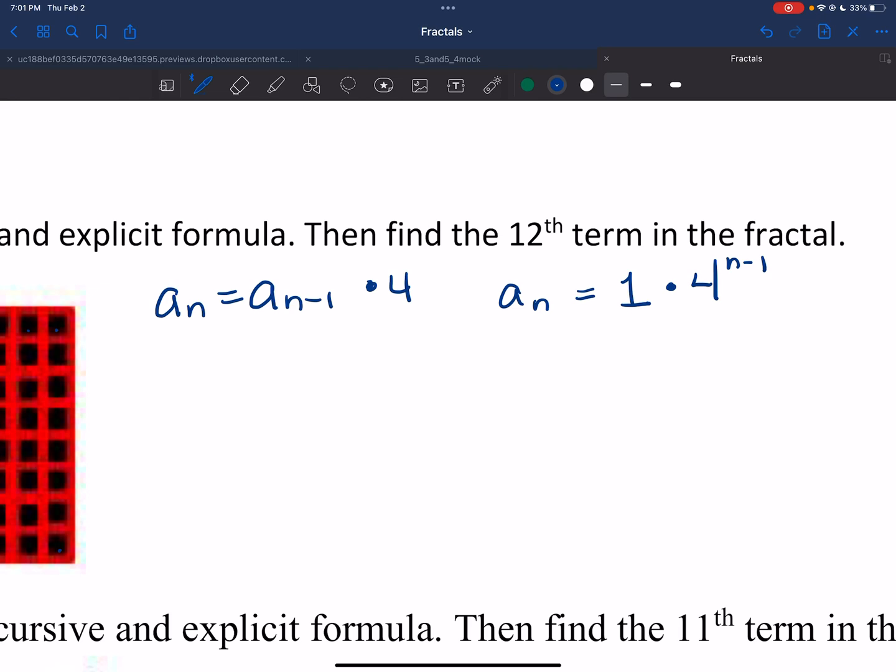So now we're looking for the 12th term. That's going to be 1 times 4 to the 11. So if you grab your calculators, we're going to get about 4 million on that one.